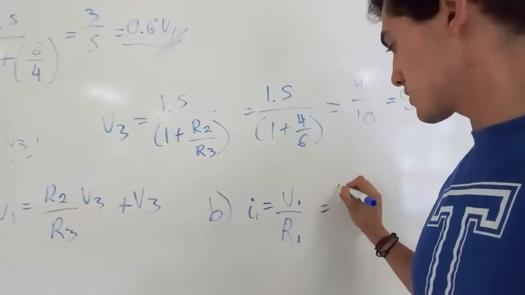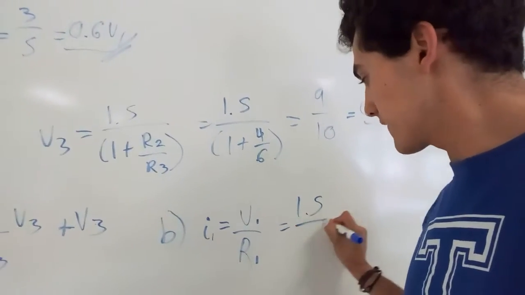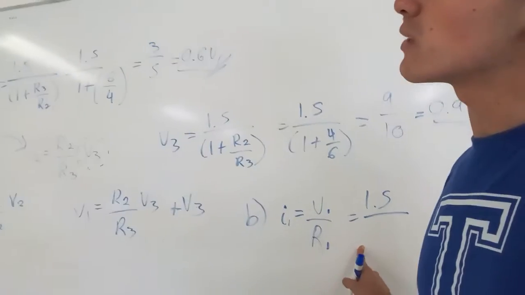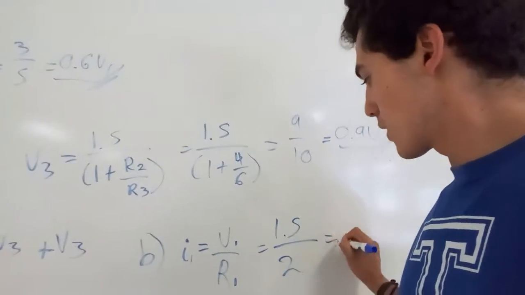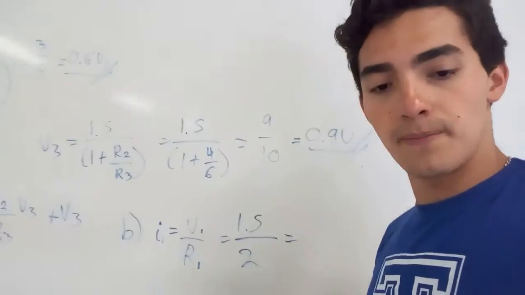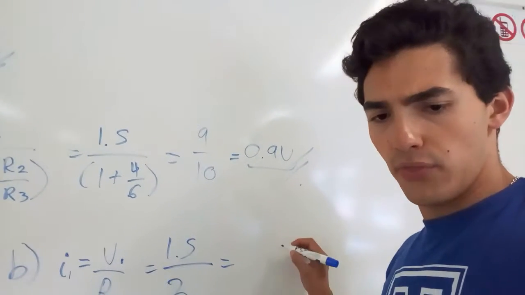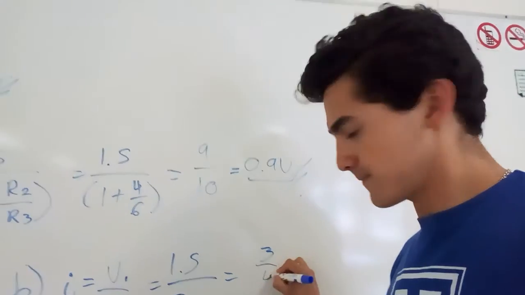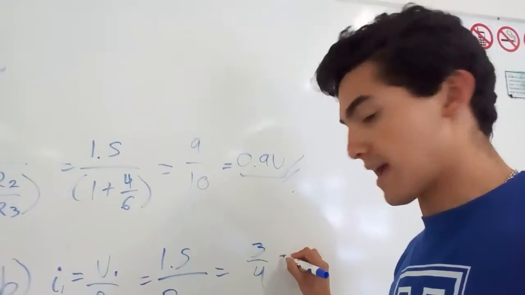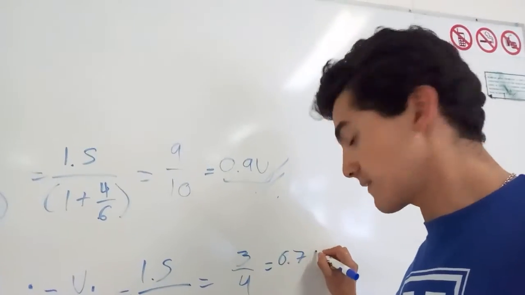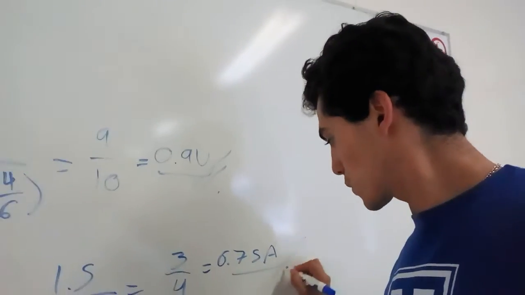So the voltage in 1 is 1.5, and the resistance in 1, we said that was 2 ohms. So 1.5 over 2 is equal to 3/4 of ampere, that is equal to 0.75 amperes.